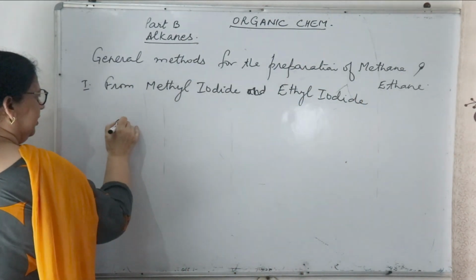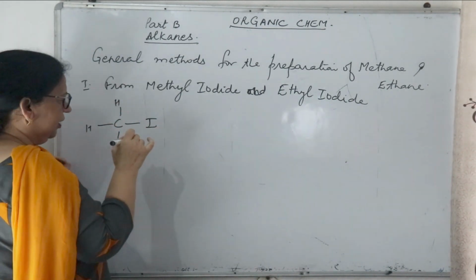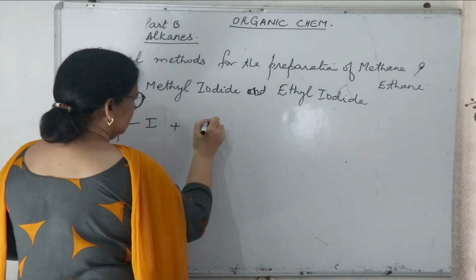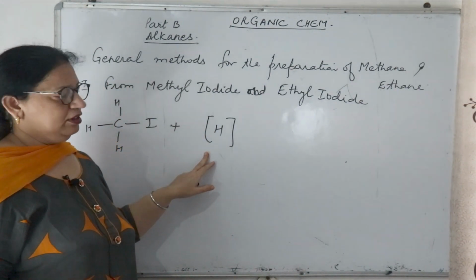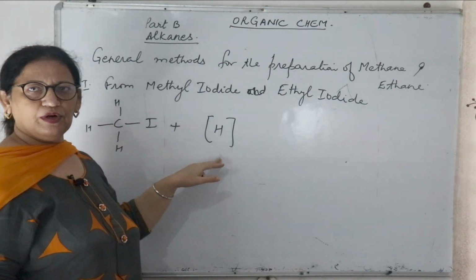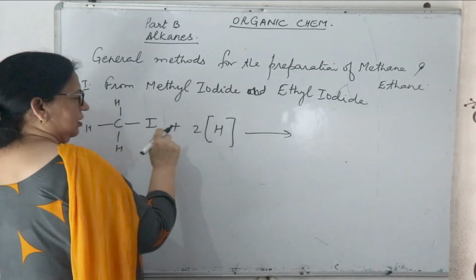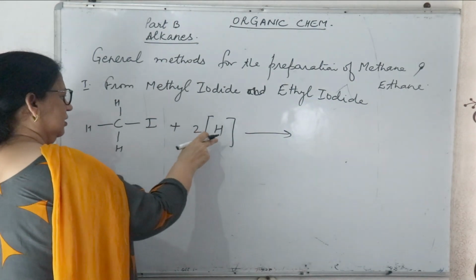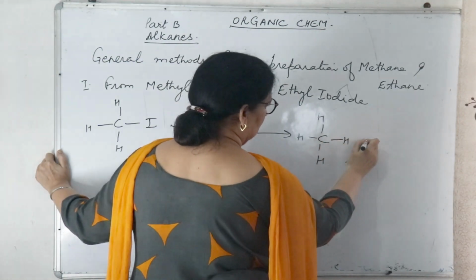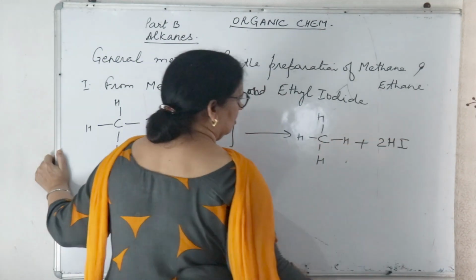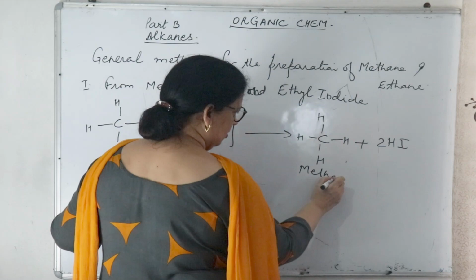What is methyl iodide? This is methyl iodide, and if we put nascent hydrogen into it, nascent hydrogen, that is freshly generated hydrogen in the atomic form, which is more reactive than the molecular form, takes place the reaction here, and hydrogen iodide is formed as a secondary product. So this is the methane formed.